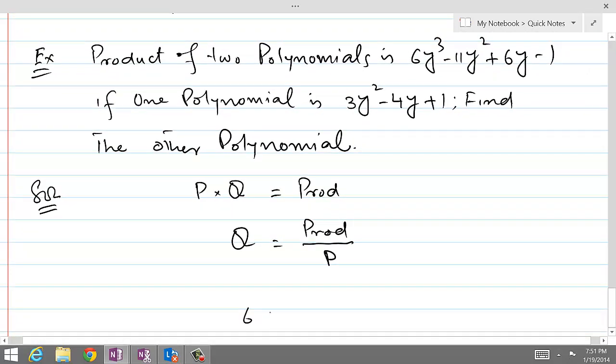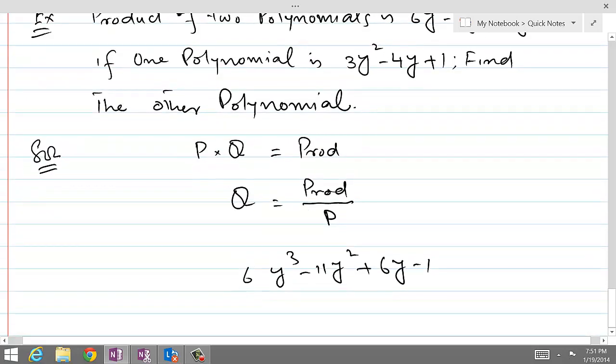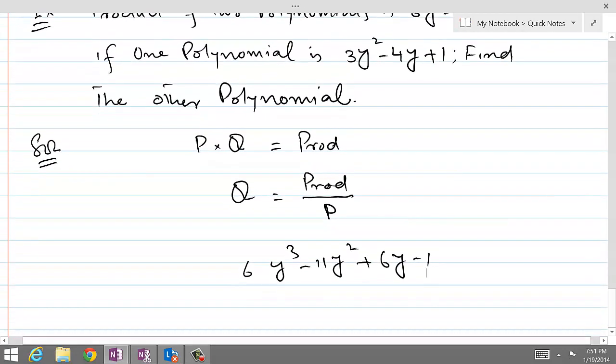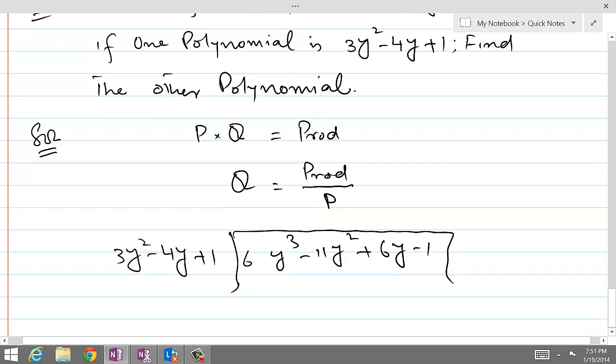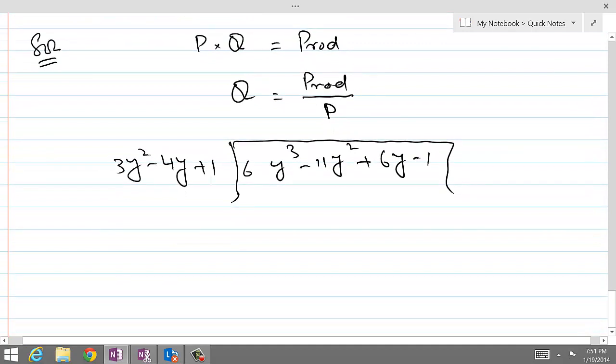6y cube minus 11y squared plus 6y minus 1. We will divide this by the other polynomial, which is 3y squared minus 4y plus 1, and by complete division whatever quotient we'll get, that will be the second polynomial.